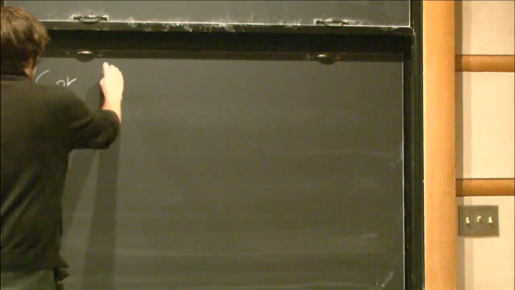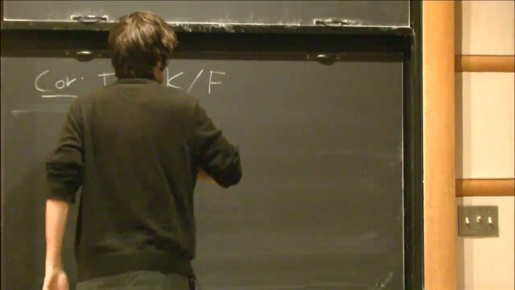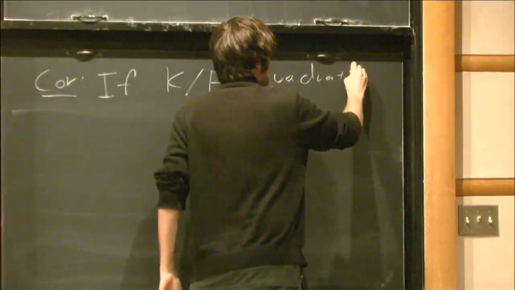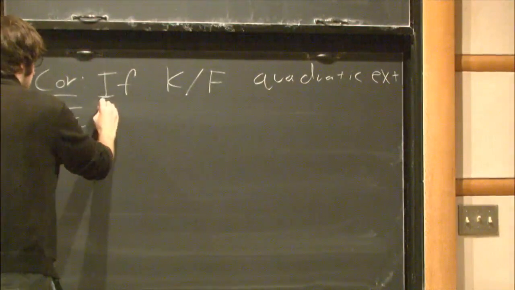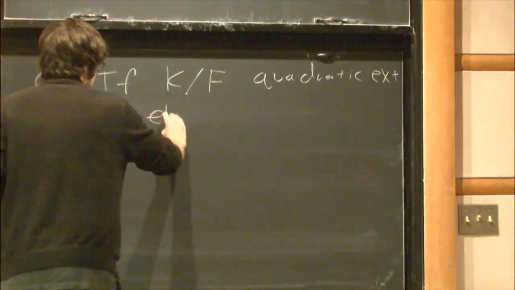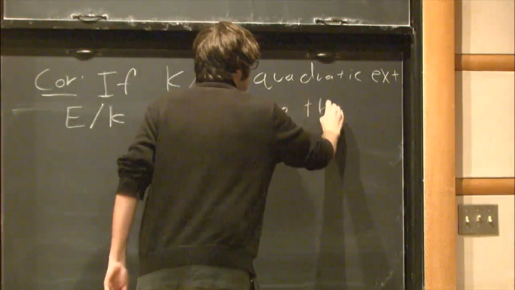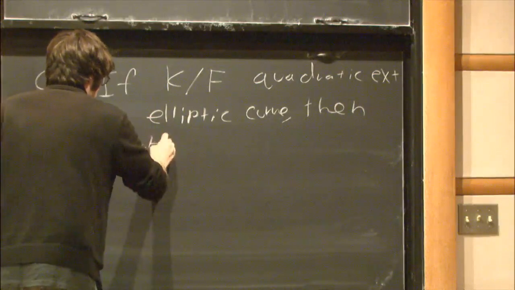Another corollary is that if K over F is a quadratic extension, and E over K is an elliptic curve, then E is potentially modular.